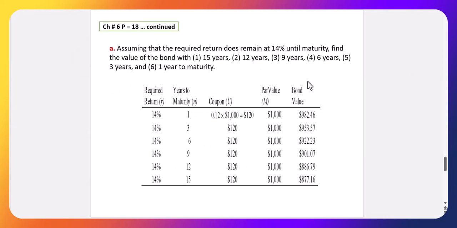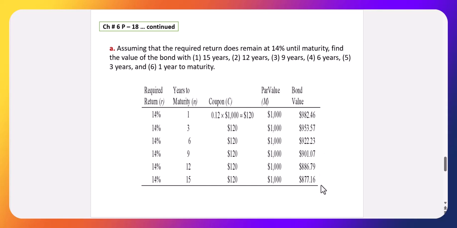If we were to use Excel, you can see we can calculate the years to maturity 1, 3, 6, 9, 12, and 15 very rapidly and derive the bond values. Year 1 to maturity would be $982.46.